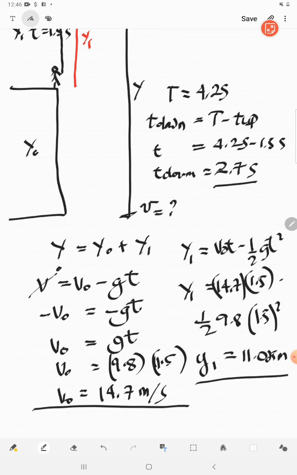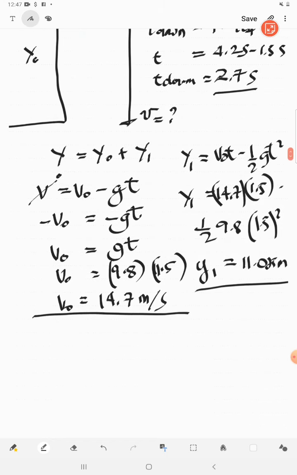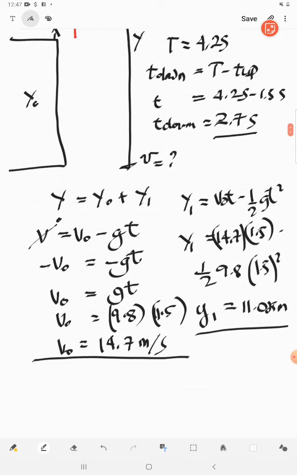So this is the distance traveled from the top of the building until the maximum height.